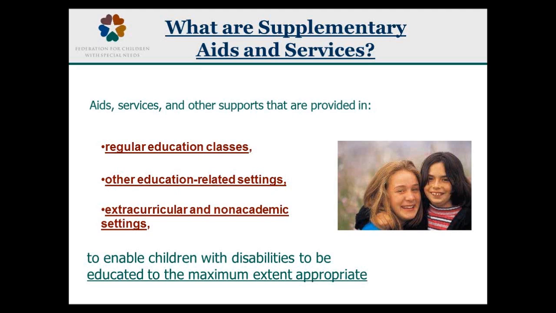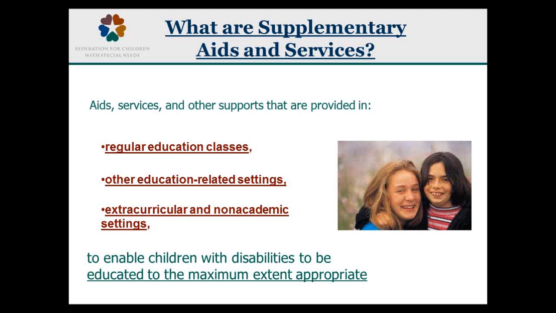Maybe you can have some OT support or PT support or something like that. But really, the supplementary aids and services are going to be maybe identified on PLEP A or PLEP B, but they're going to be described in the service delivery grid, and they're going to be described somewhat in the goals. And I'll explain what I mean by that in just a moment.